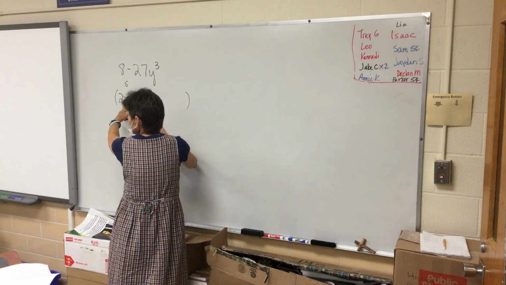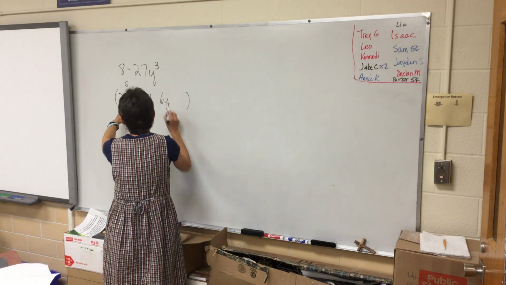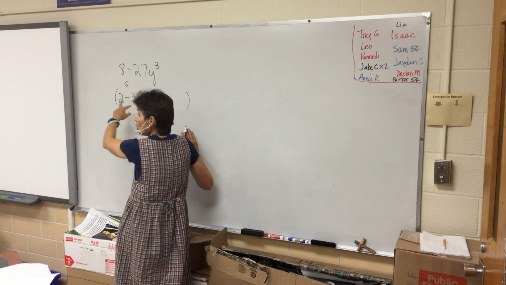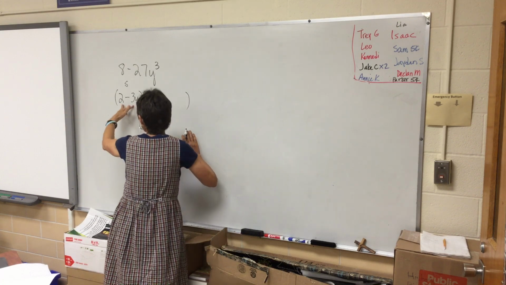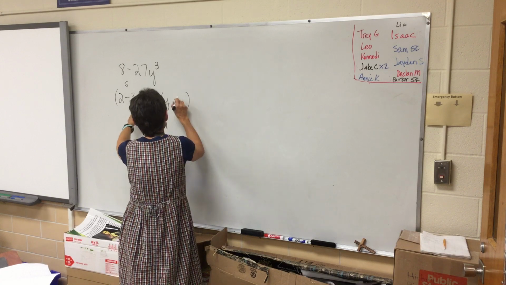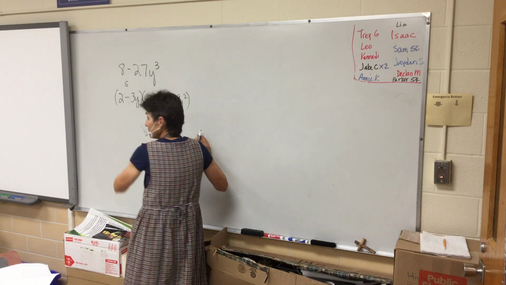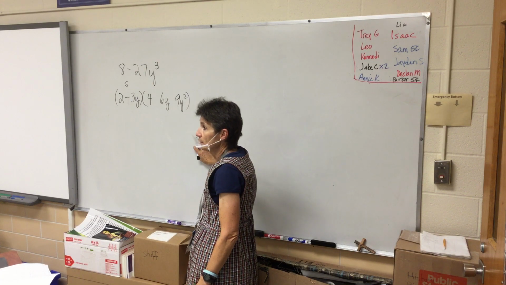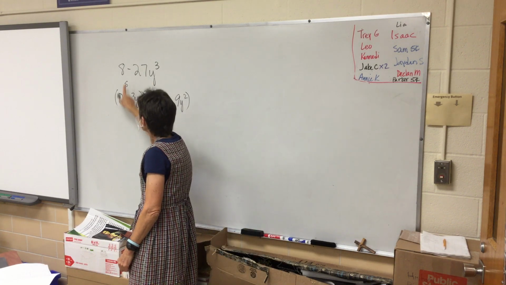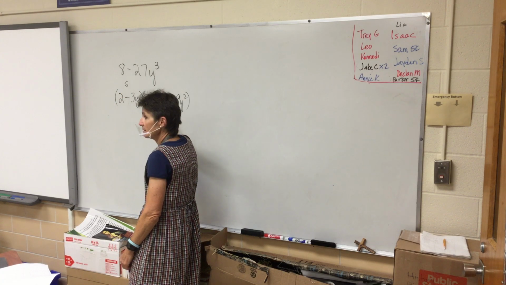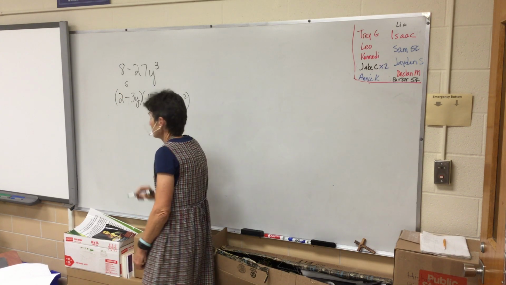Then we multiply these together, and that would be 6y. Remember, SOAP is giving us the signs, so don't put any signs in. We multiply them together and get 6y, and then we square that one and get 9y squared. And then our signs are same, opposite, always positive.